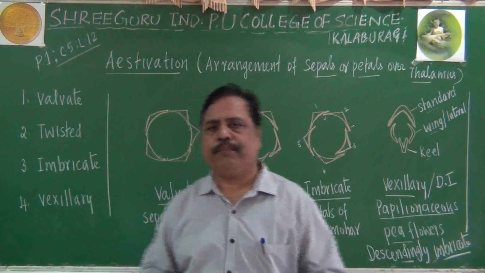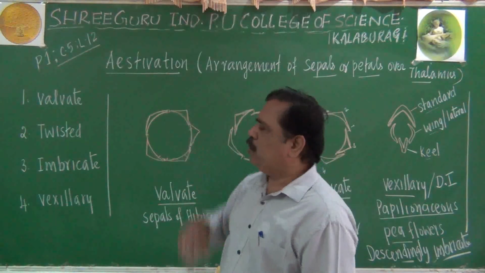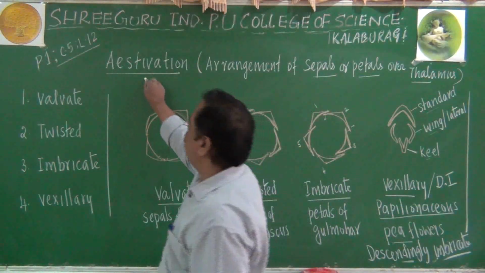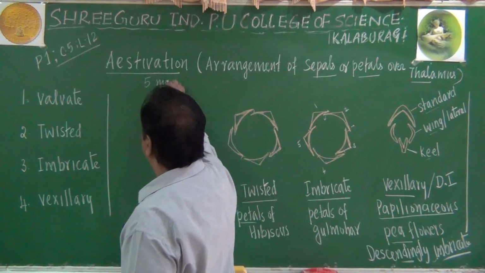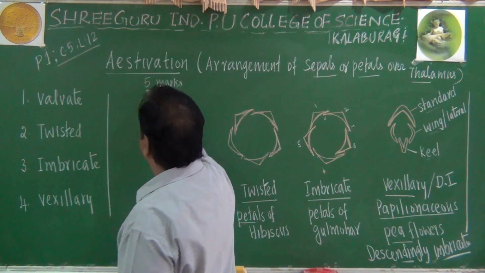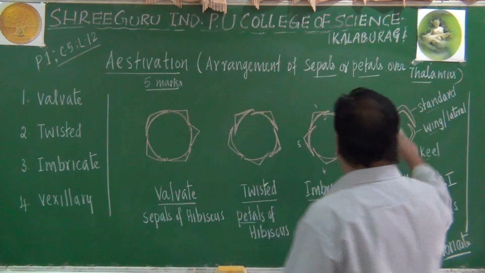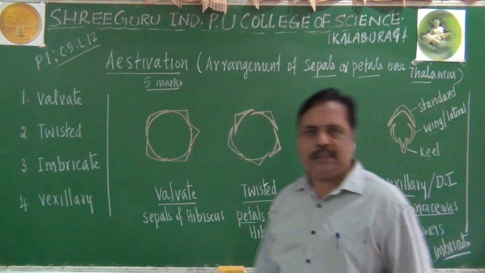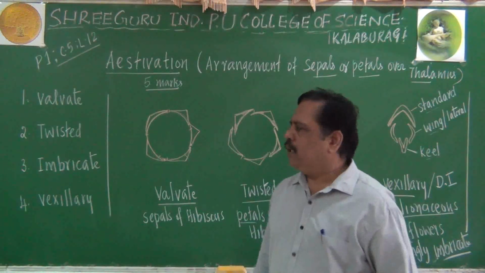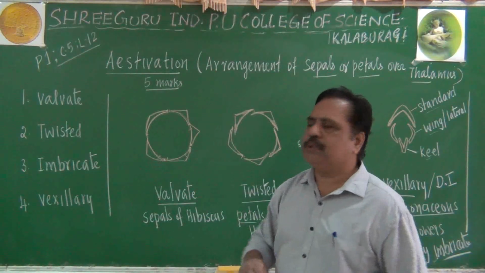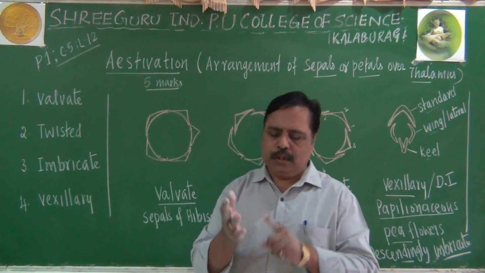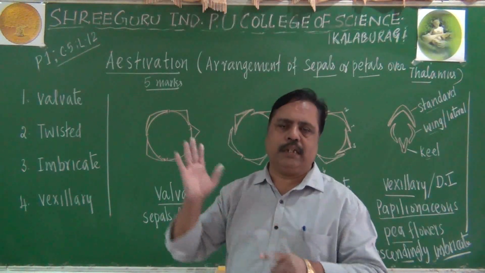So students, I told you about aestivation. Another important 5-mark question. In competitive exams and all, many questions are asked based on this. Anyhow, remember the 4 types of aestivation. Don't get confused between phyllotaxy and aestivation.